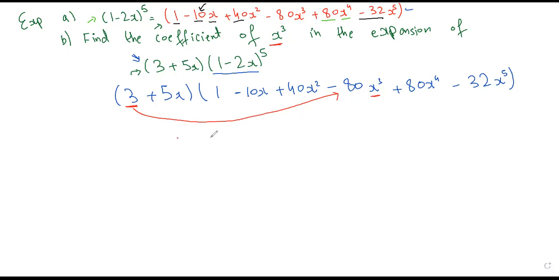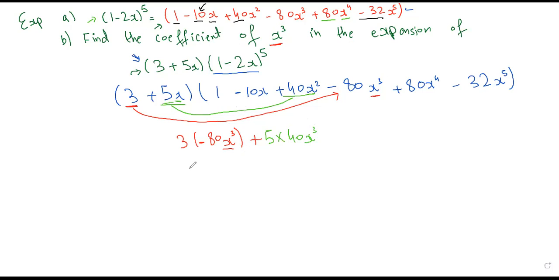We will do 3 into minus 80x cube because this is giving me the x cube term, and plus, let's see what else is going to give me the x cube term. Now this is 5x. I know that when I multiply x with x square, that would give me x cube. So I will multiply 5x with 40x squared directly, and that would give me again the x cube term. x into x square is x cube. There's no point in multiplying 3 with 1, 3 with minus 10x, 5x with 1, 5 with minus 10x. We do not need that.